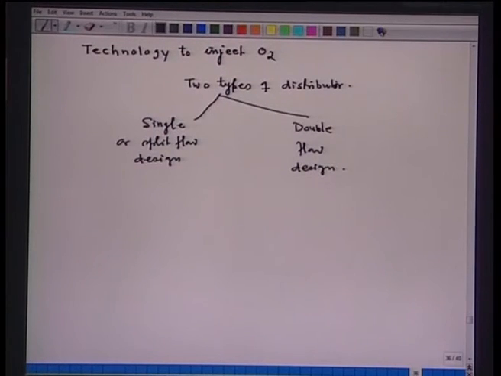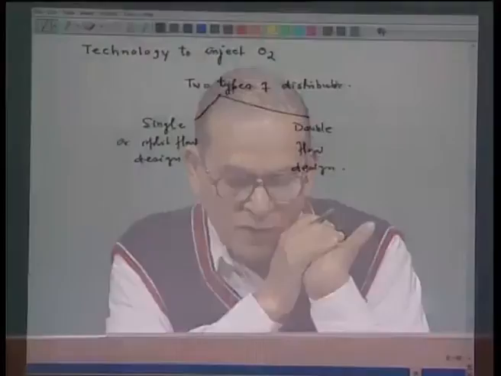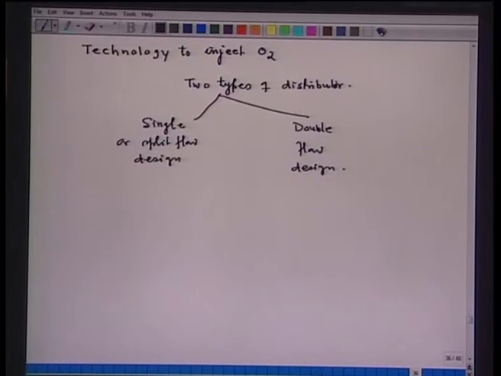In the single or split flow design, you have one oxygen supply and one inlet. A small percentage of oxygen is split inside the lance for post combustion purposes. That is again a design issue. In case of double flow design, a separate oxygen inlet and oxygen control system solely dedicated to post combustion is required. So, here control is easier. Another development is called slag splashing.